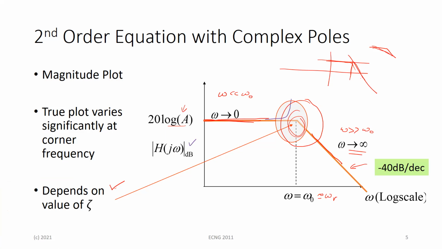So this is going to do something like this and then come back down, right? This behavior depends on zeta. Okay, everybody following?